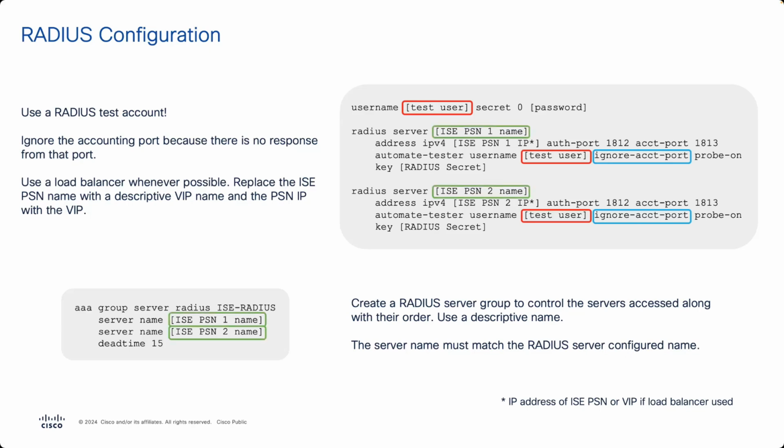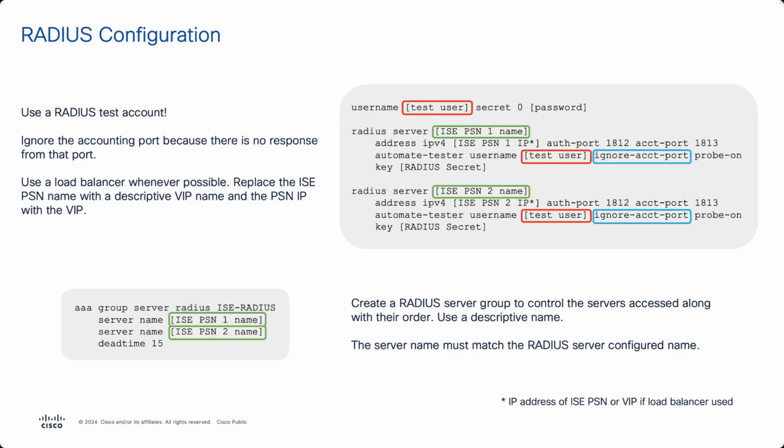Using the names, it is important that whatever server name you configure at the top, you use the same name in the group at the bottom. Case does matter. So if you don't type it exactly the way it is, it's not going to work.